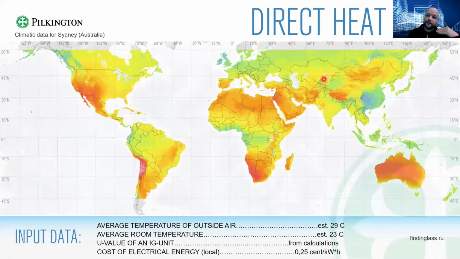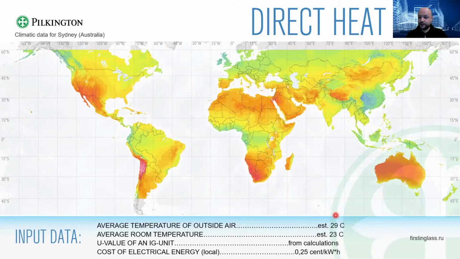We do not only have, as I've told you, solar heat, as we are also having a direct heat transmission. Again, by the way, this has all been done for the same 20 square meters of glazing. Now let's look at the climatic data for Sydney for summer and see how IG unit glass will fare in this case. Most important here would be the temperature difference.